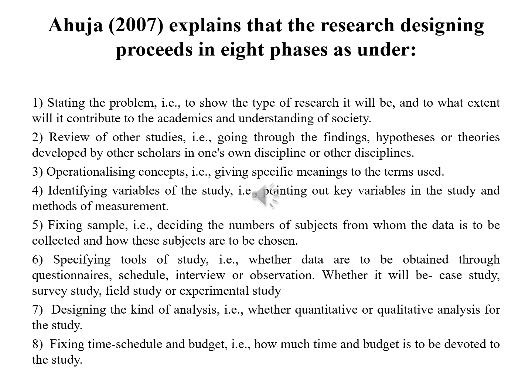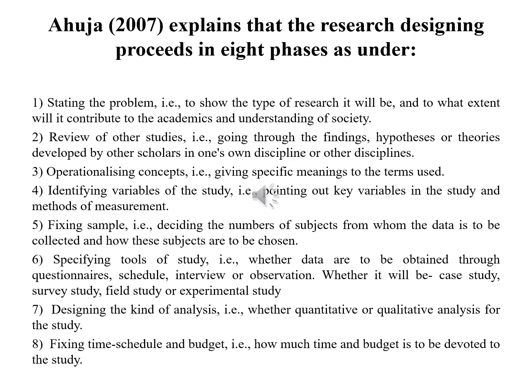Now, the next slide is about Ahuja 2007, who explained that research designing proceeds in 8 phases as follows. So what are the 8 phases? Let's discuss and try to understand them. The first is state the problem.